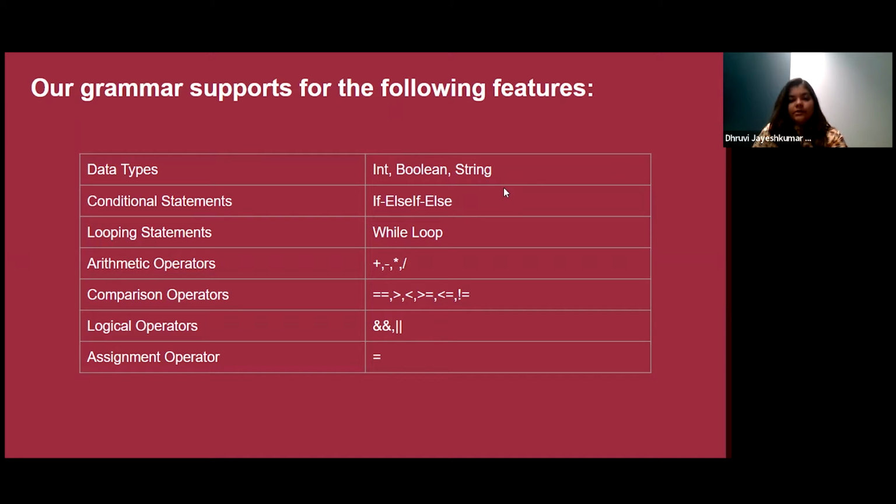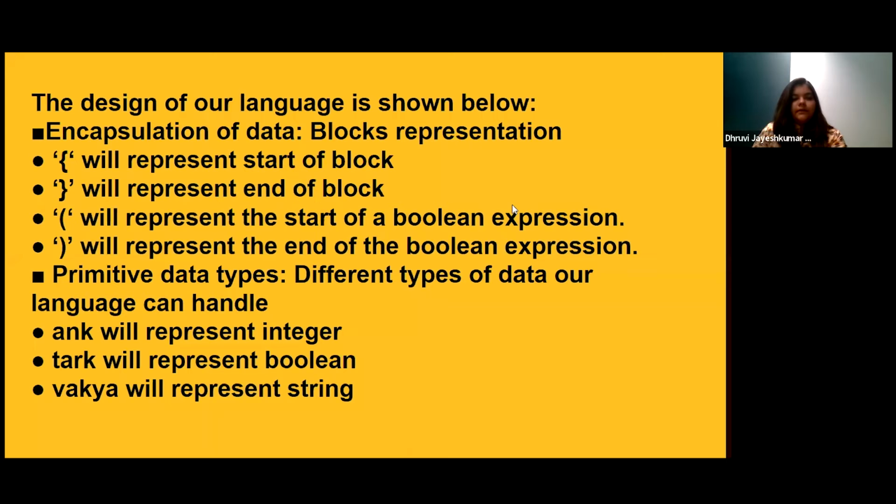We support four arithmetic operators: plus, minus, multiplication, and division. There are comparison operators: equal to, less than, greater than, less than or equal to, greater than or equal to, not equal to. And there are logical operators: not, and, or. And there is an assignment operator for the assignment.